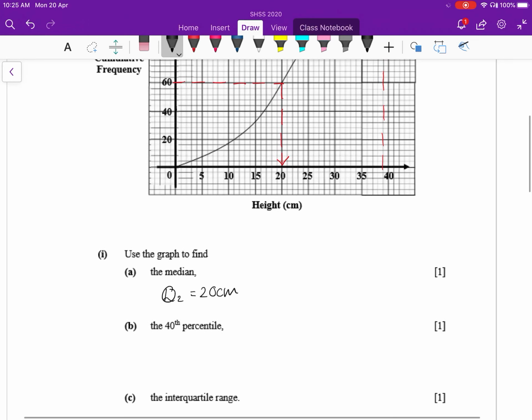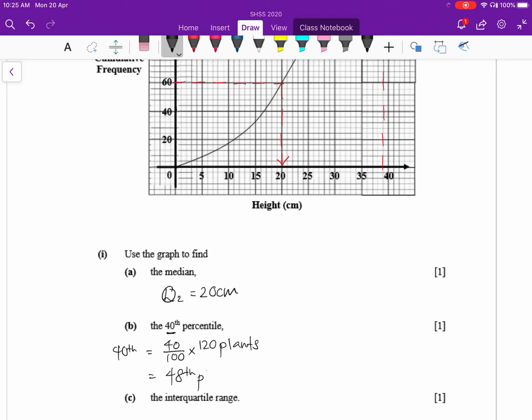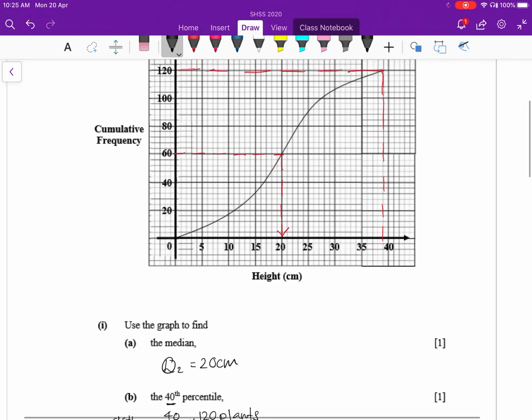I want the 40th percentile, so we need to find 40% of 120 plants. The 40th percentile will give you the 48th plant. They want to know how tall the 48th plant is, rank 48.